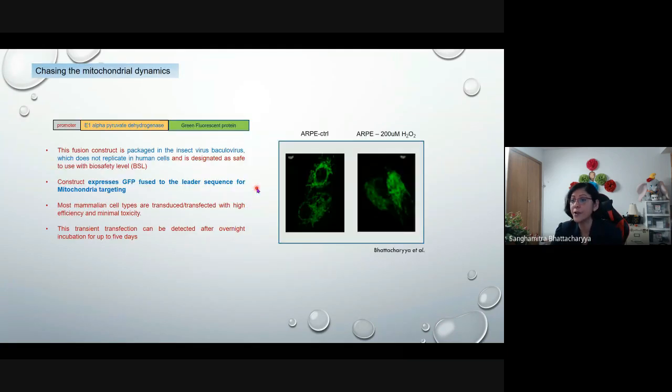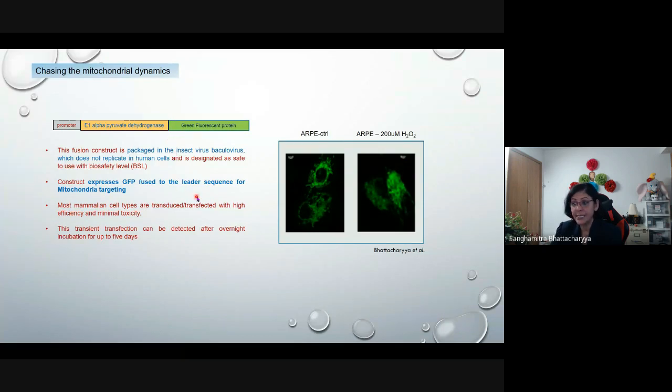Our experiment is exactly the same design, only in place of actin, we use E1 alpha pyruvate dehydrogenase, the leader sequence for mitochondrial targeting. So we know that when this construct expresses inside the cell, it would 100% get targeted to the mitochondria where it would show its fluorescence.